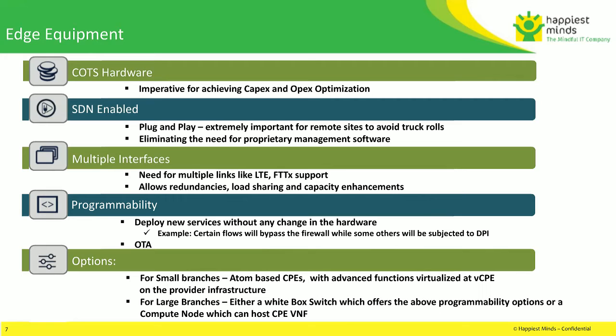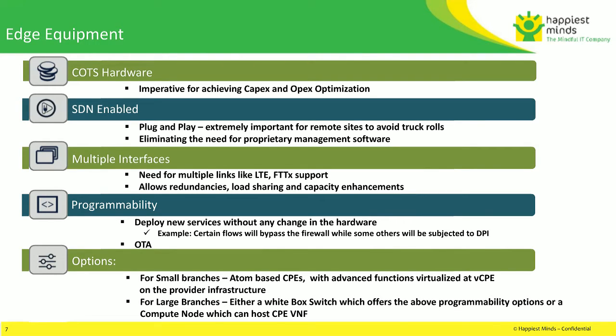Another important property is that it should be SDN enabled. So that gives you two benefits. Number one, it can be plug and play. So you just connect the edge device to the internet and it would be able to download the software and self-provision it.